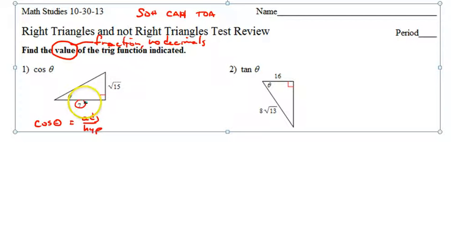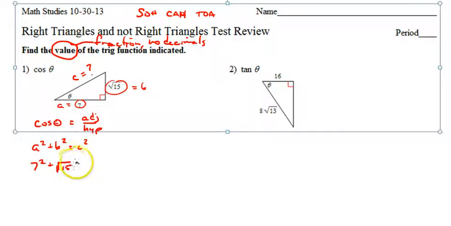Well, we're given this side, we're given this side, we don't have the hypotenuse. We've got to figure out what the hypotenuse is. Anyways, this is a squared plus b squared equals c squared. I'm going to call this side A and this side B. So I've got 7 squared plus the square root of 15 quantity squared equals c squared. 7 squared is 49.